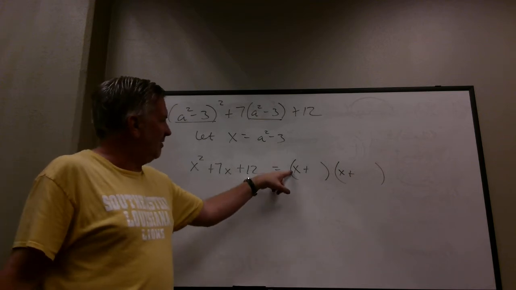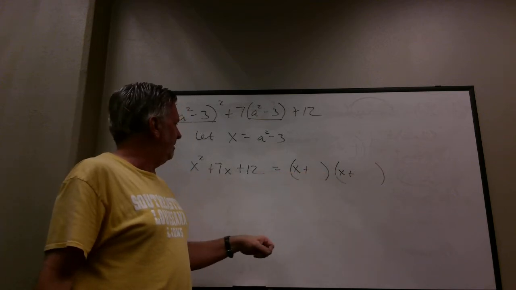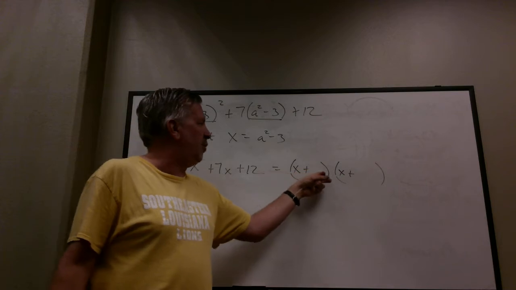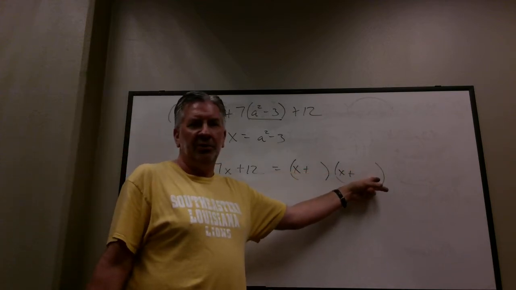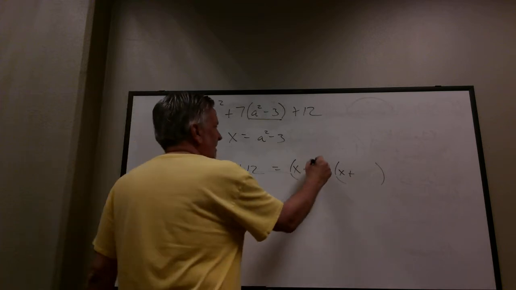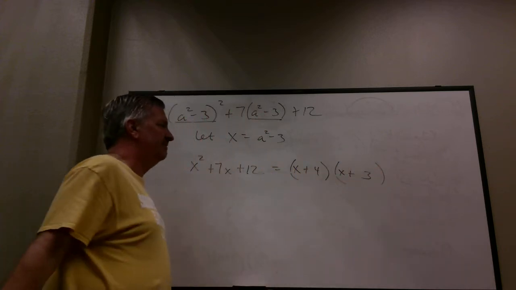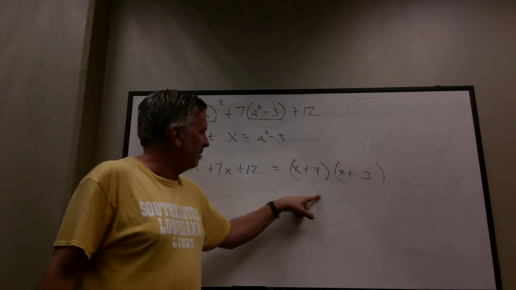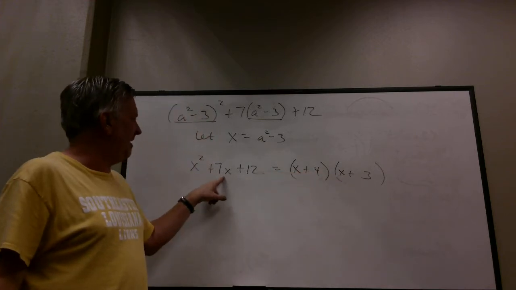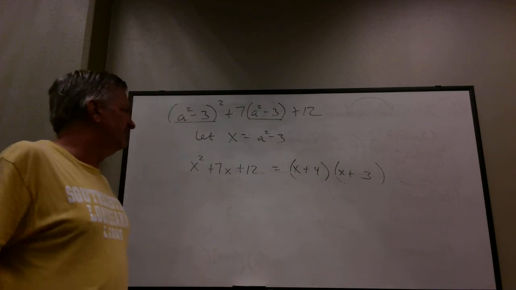But think about it. Notice it's a 1 and a 1 here. Right? So how are we going to get a 7 out of a 12 and a 1? You're not. What about a 6 and a 2? You're not. So the only possibility is the 4 and the 3, isn't it? And that'll get you your 7, won't it? X squared, 3x and 4x is 7x. 4 times 3 is 12.